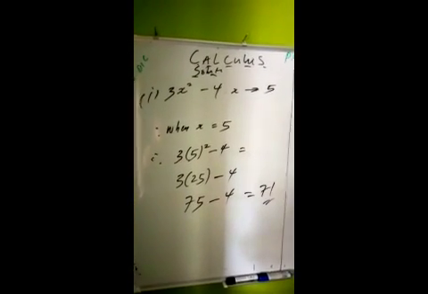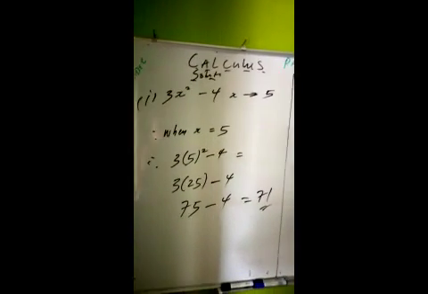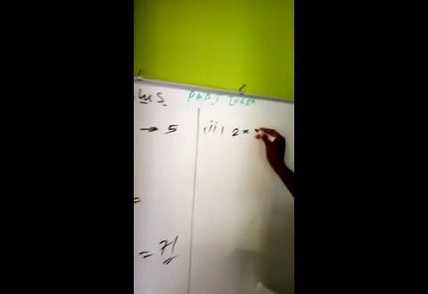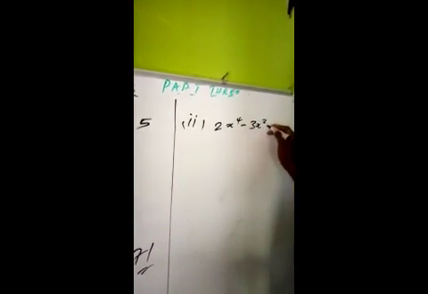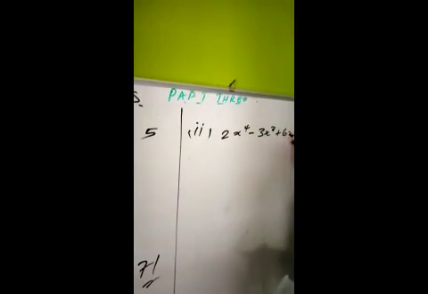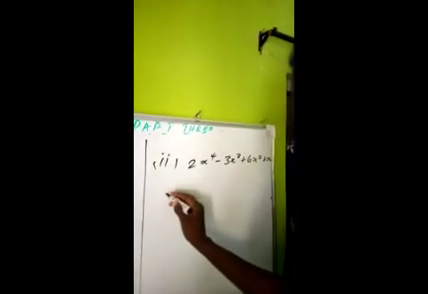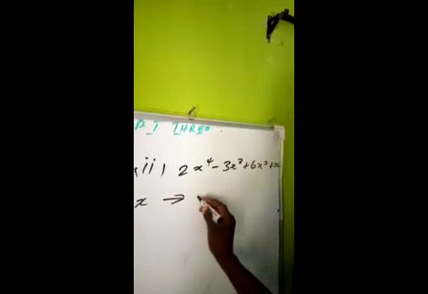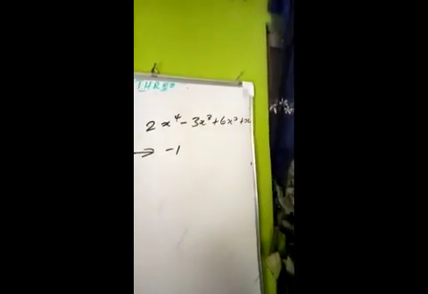Then number 2, ii. When you have 2s raised to power 4 minus 3s raised to power 3 plus 6s squared plus s, and s tends to, this is the symbol of tends to, minus 1. I have to make it simple for you.